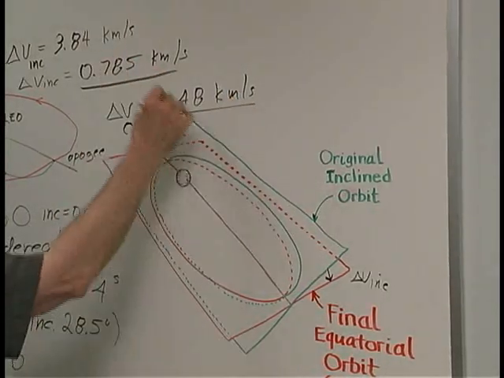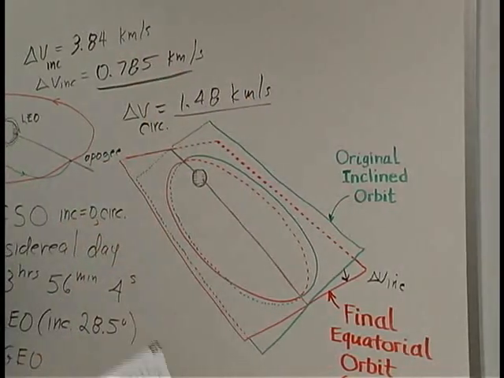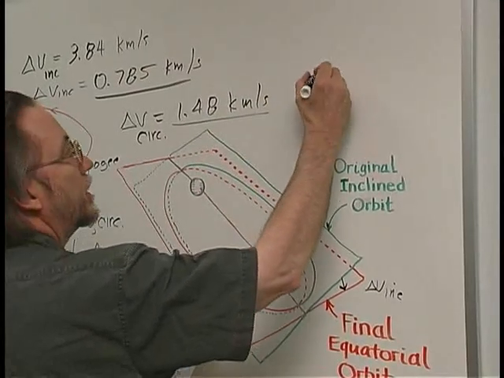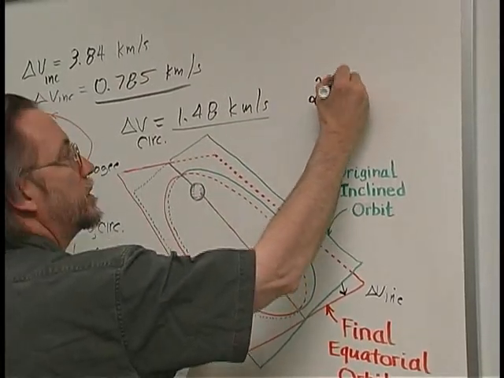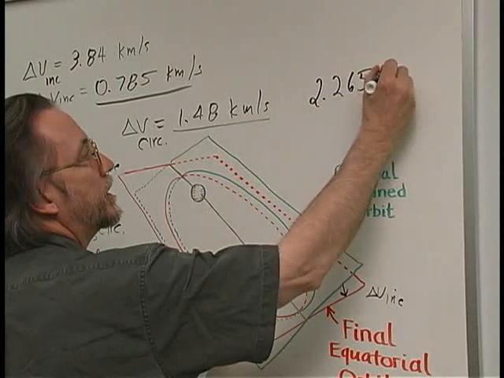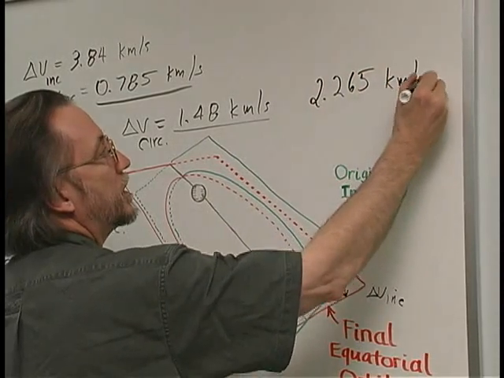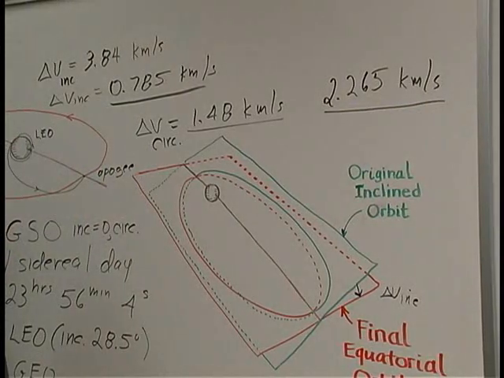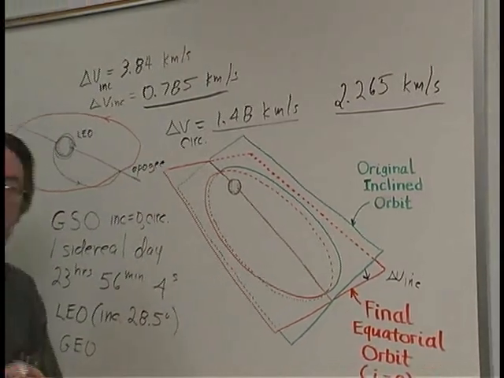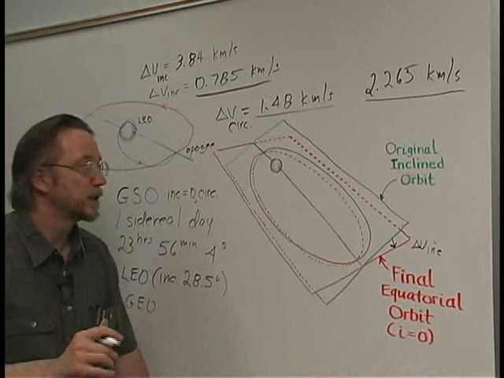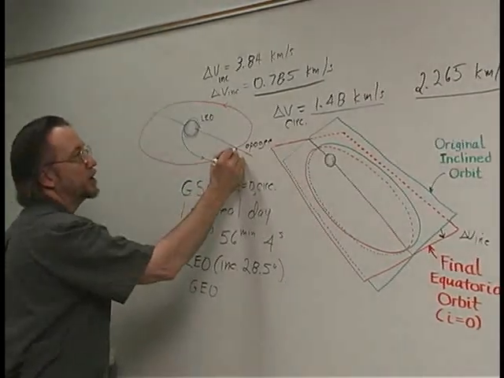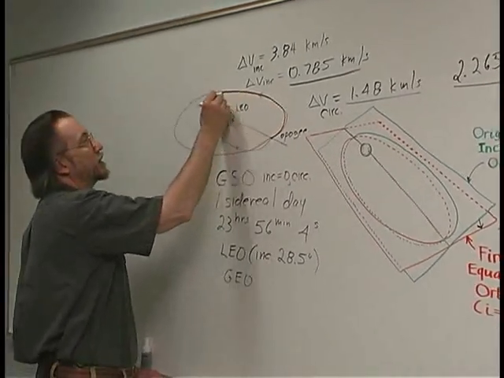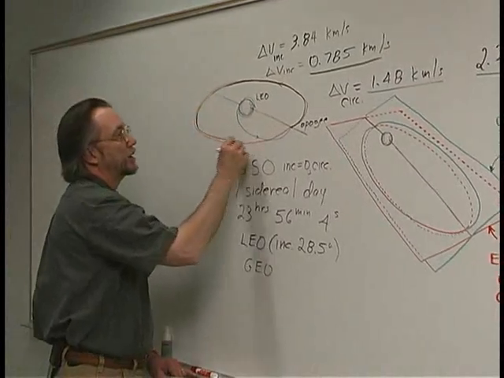If we add these two numbers together, the total is 2.265 kilometers per second in order to remove the inclination and to circularize the orbit into the big geostationary orbit that we see here in red.